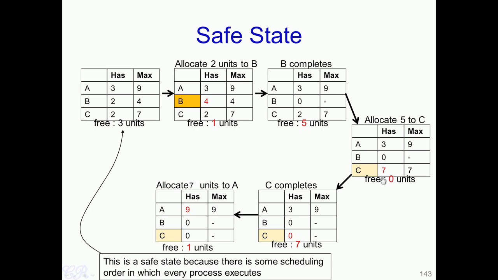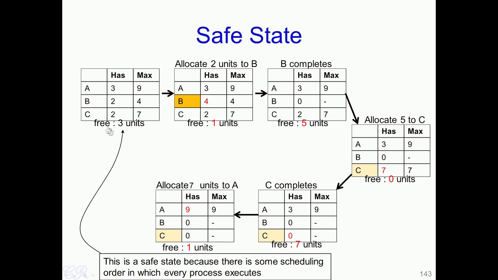Now, after C completes, all the 7 units of C get returned to the free store. Now, the banker could allocate the resources required by A, that is 7 more units, to get its maximum credit limit of 9 units. So, we have 9 credit units allocated to A and 1 unit which is free.